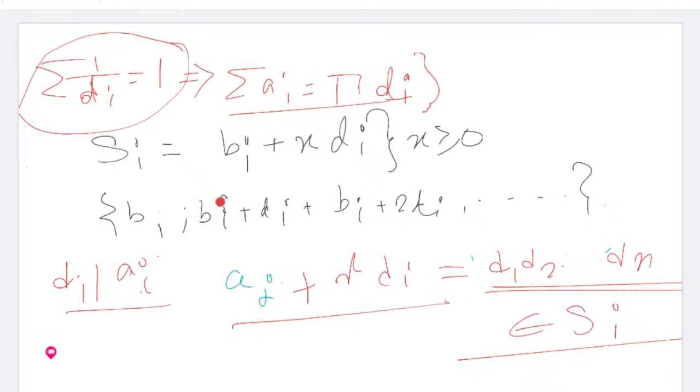Then for every j you can set up an x such that aj plus x into di is equal to the product of all the dis, because di divides both sides, right? So you must have that this term must belong to Si. Okay, I'm not 100% sure where you're going with this, but okay.